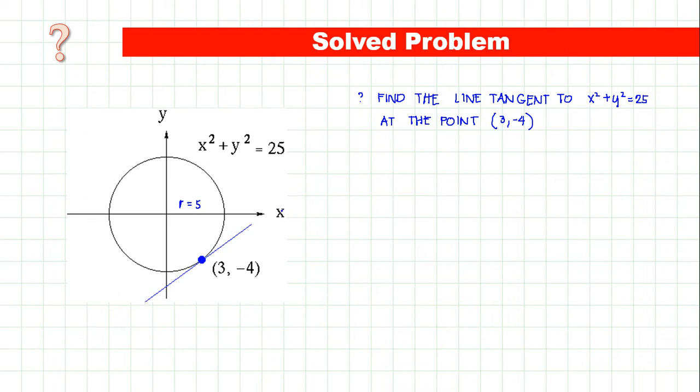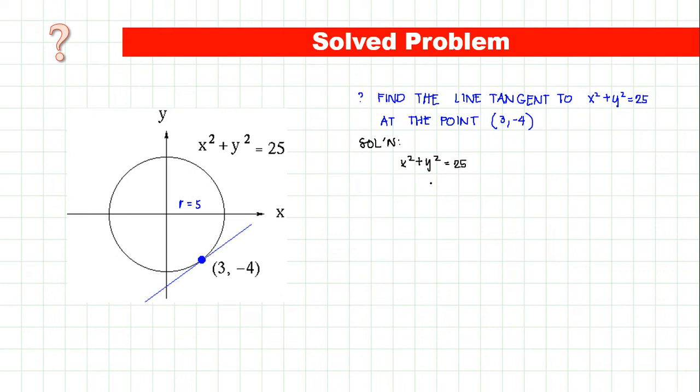And if we are going to find the line tangent to that function, we are referring to the derivative. So how do we do that? Our first approach is, of course, to isolate the y. That is what we usually do. So our solution: x squared plus y squared is equal to 25.